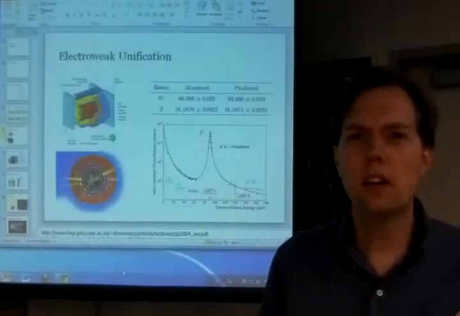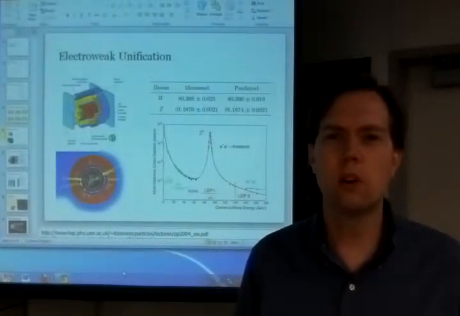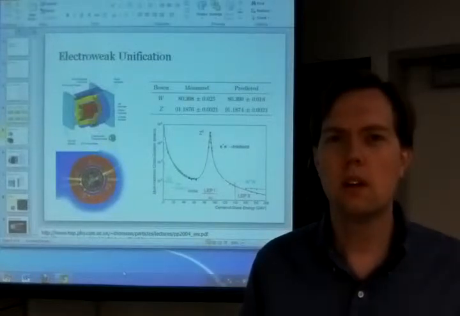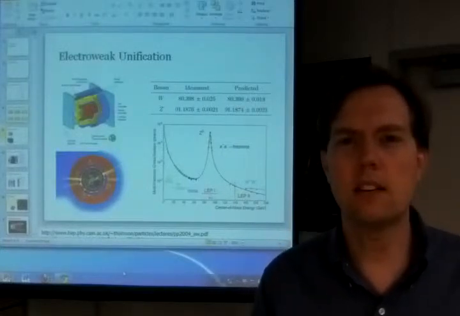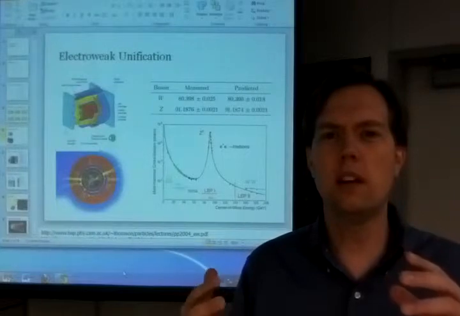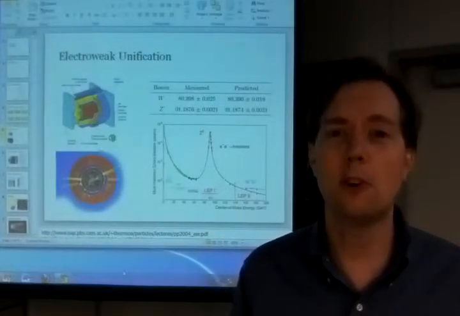Now there's a hint, a clue actually, that something else is going on, because the weak bosons, the W's, are electrically charged. And that's the hint that we have that there's some sort of connection between the weak nuclear force and the electromagnetic force.